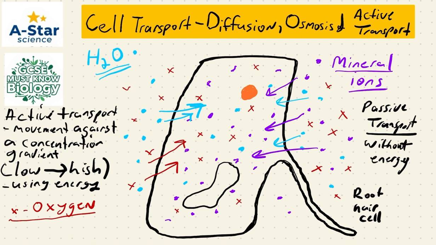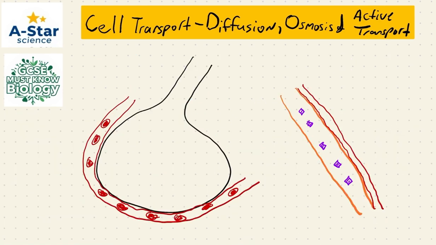Whereas active transport uses energy. And many of the cells where you'll see active transport being used will have organelles such as more mitochondria available to provide this energy for movement. So you'll see this in many of the cells where active transport is important.